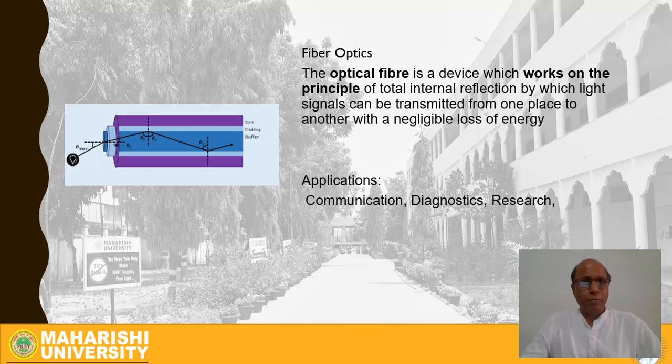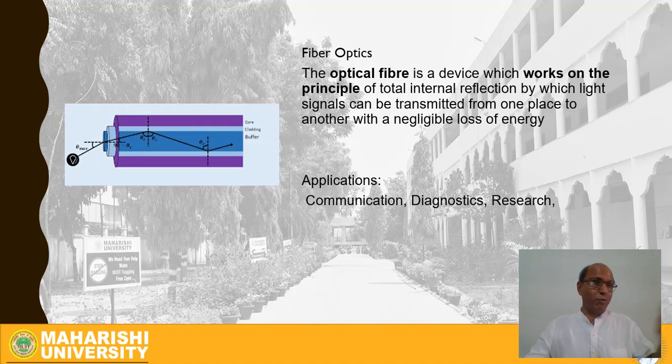Let's say for example, one thing I forgot to mention, that the dimensions of these optical fibers are in the range of micrometers or millimeters, some 100 micrometer, some tens of micrometers, or even millimeter, or even 1, 2, 3, 4, 5 millimeter also.